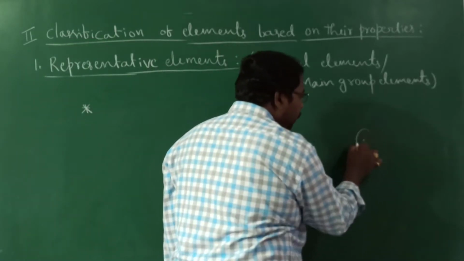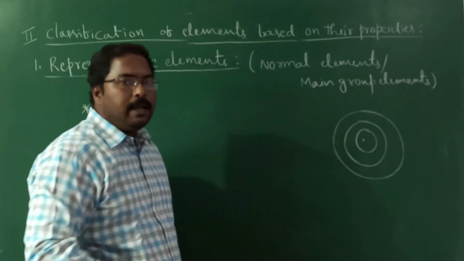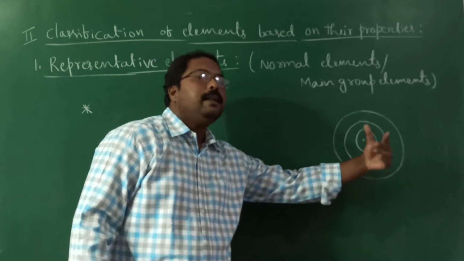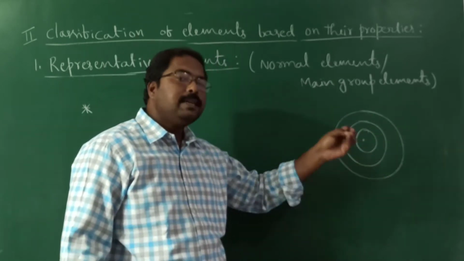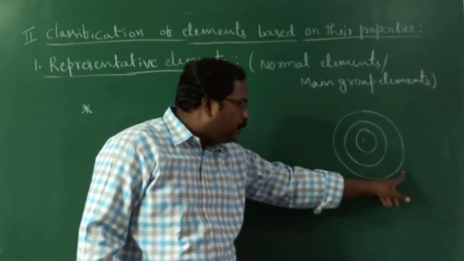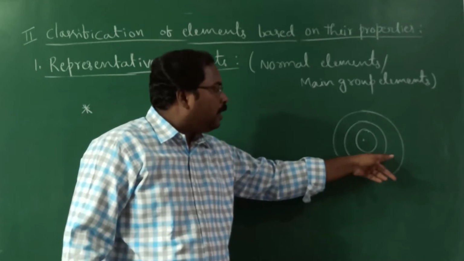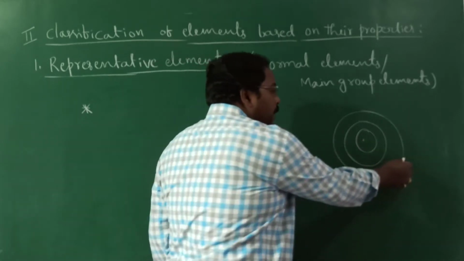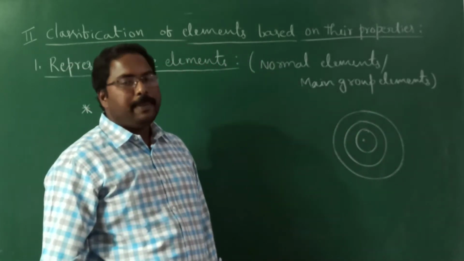Okay, so diagrammatically, if you observe this, if the particular element has the last electron in the third orbit, that last orbit is known as the valency shell, or it is also known as the ultimate shell. Before the last is called the penultimate, and even before that, from the last third one, is called the anti-penultimate shell.